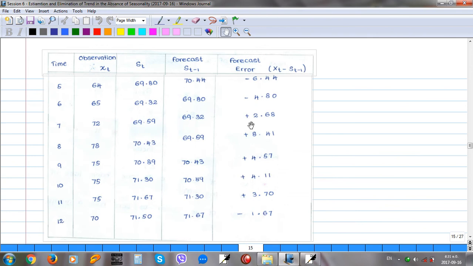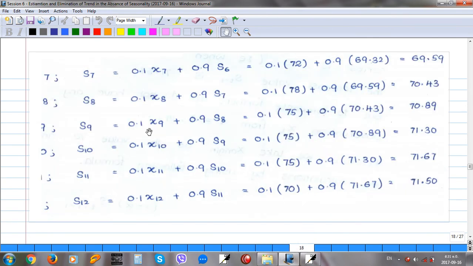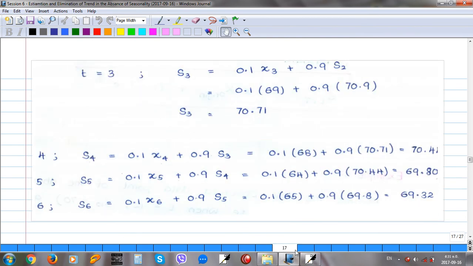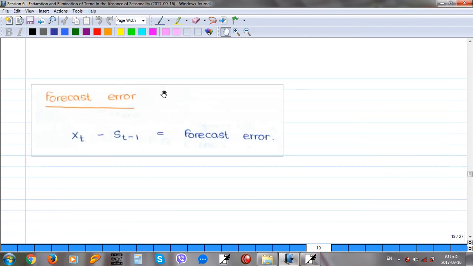Likewise you can find the forecast error also. Now you know how you can do the exponential smoothing. It is not a very complex one, you just have to substitute in the formula and find the smooth value. Then the forecast error is xt minus st minus 1, which I explained.